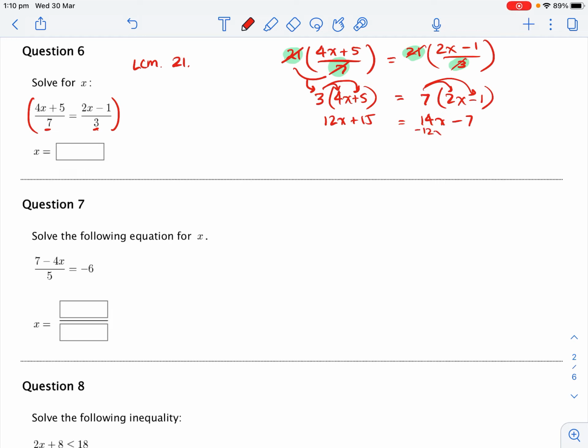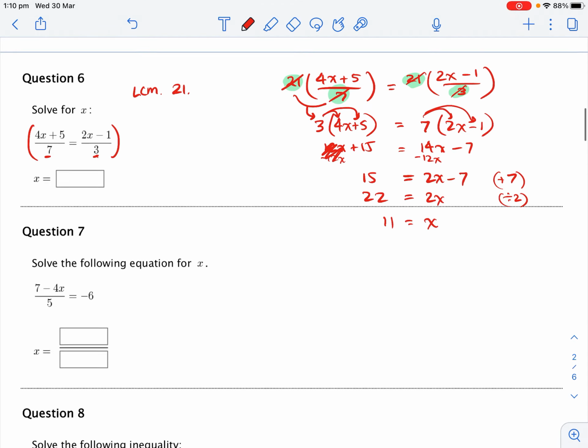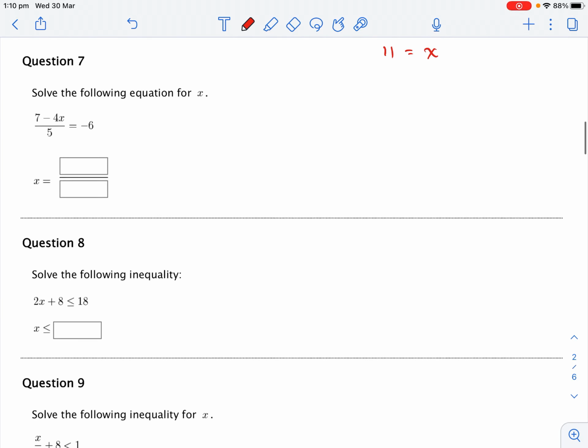I'm going to subtract 12x from each side, which gives me 15 on the left-hand side, and on the right-hand side it becomes 2x minus 7. Add 7 to both sides, I get 22 equals 2x, and then divide both sides by 2. And I get x equals 11. All right, so a few steps in that one. Don't try and do it all in your head.